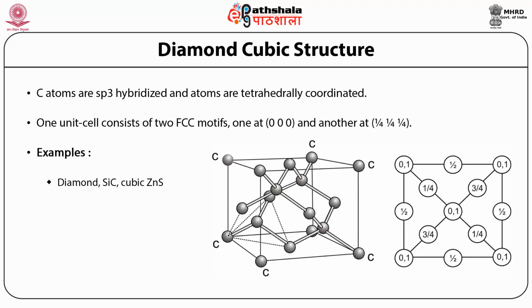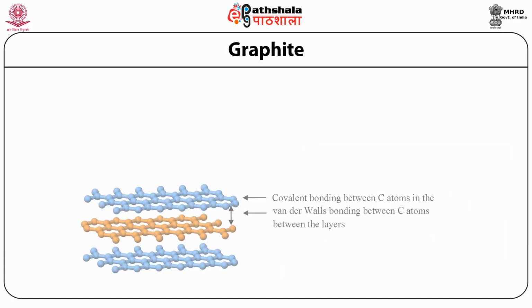In this figure, you can see the crystal structure of diamond, where one can clearly observe the tetrahedrally coordinated C atoms. On the right hand side, you can see the positions of the atoms with respect to the origin or the reference point.